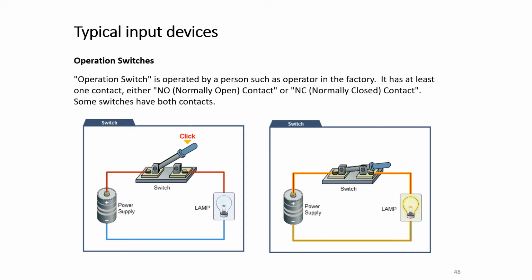So as you could see here, we have a normally open contact. So we need to close the contact manually, and then the circuit will be closed and the lamp is on.